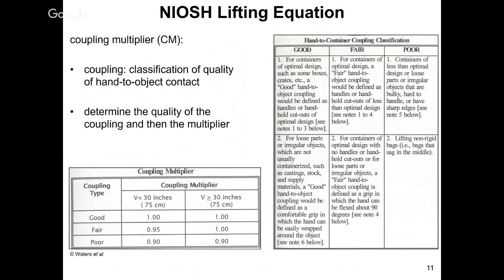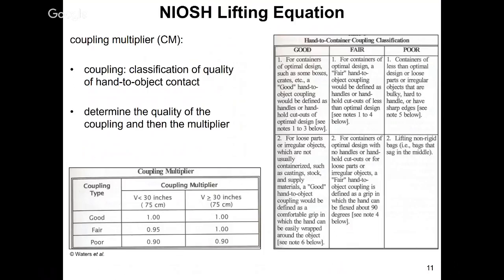And then the coupling multiplier, again, how easy is it to grab and grip the load. If this is a box with handles, that's good. If it's a 90-degree angle box where you can flex your hands 90 degrees around the edges, then that's fair.